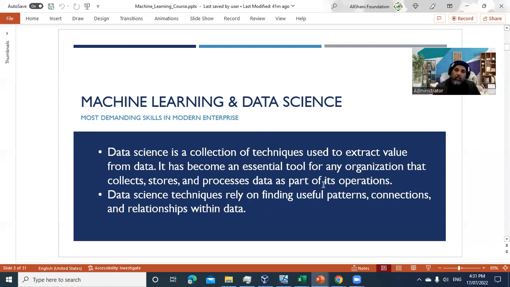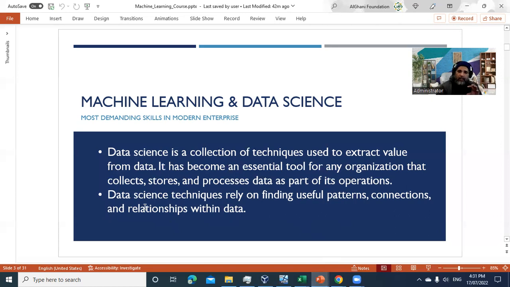Their job is to extract the value out of the data. The extraction, preparation, and presentation of the data to the data science team is the job of data engineering. However, taking that data and getting the maximum value out of it is the data science area, where data scientists shine, and they have statistical techniques and algorithms they can apply to get the most value out of it. We're going to see both fields side by side in the upcoming videos. It will clarify all the differences and the context of both sides.